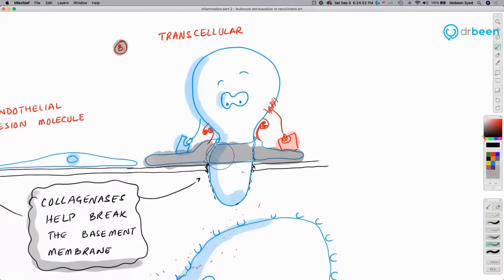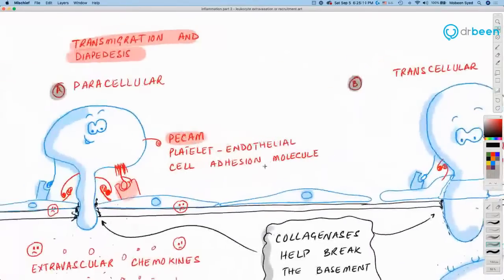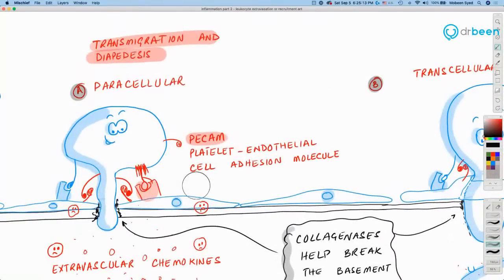The white blood cell opens up holes inside the endothelial cell and then passes through that hole safely without destroying the endothelial cell. This passage is called transcellular passage, that is through the cell movement. And this passage is called paracellular passage, that is around the cell movement.